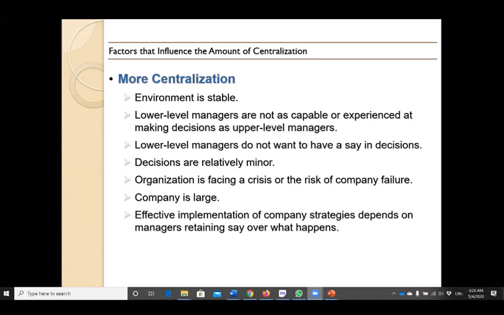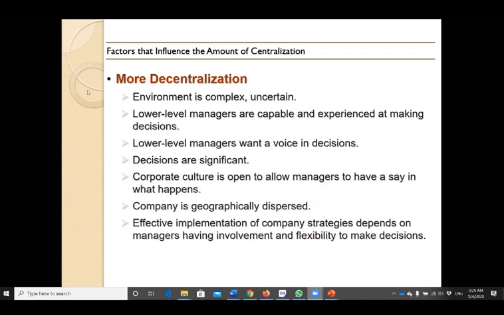Right. You want more decentralization? In the opposite case. Right. In the opposite case, the environment is complex, uncertain. Right? The environment is complex, uncertain.